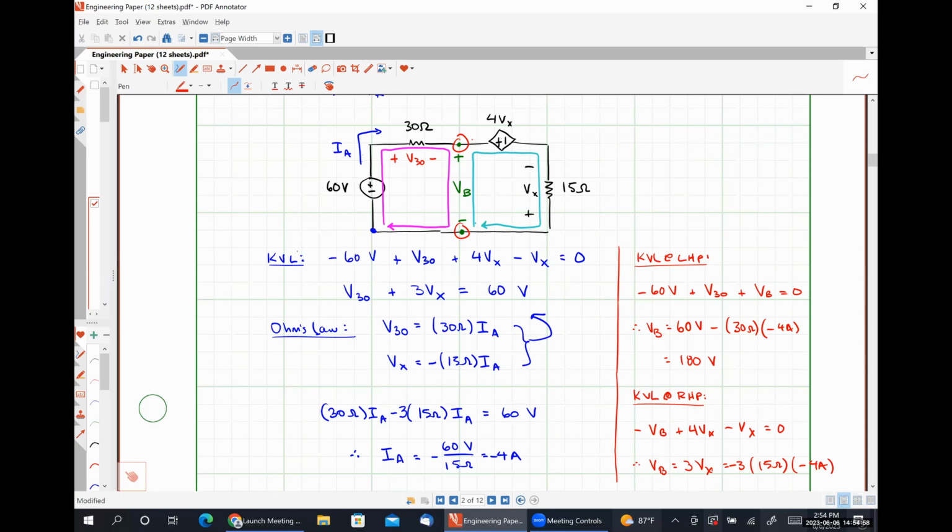All right, so we've talked about Kirchhoff's voltage law a bit here. We've worked a couple of examples. Does anybody have any questions before we move along to Kirchhoff's current law?